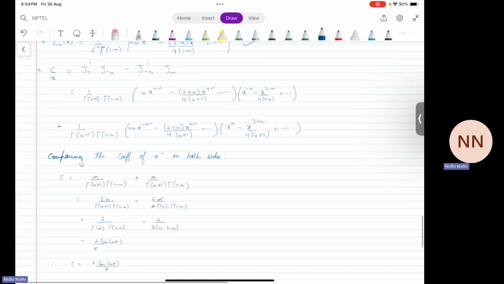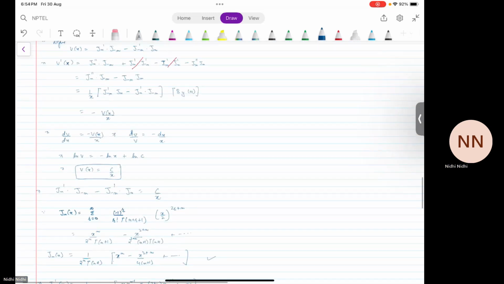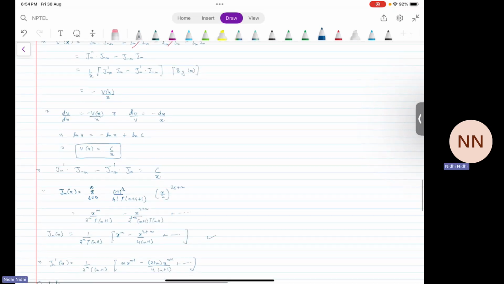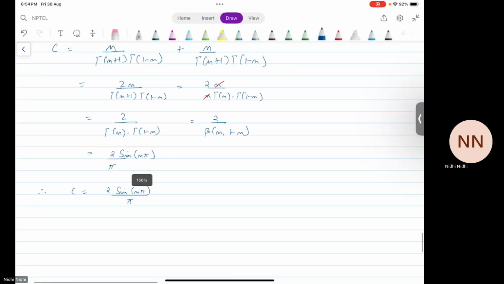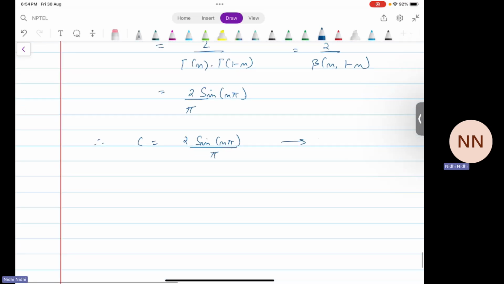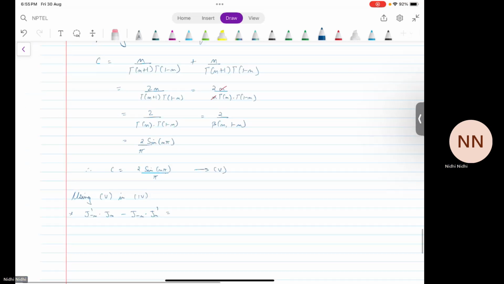Now putting this value of C in the equation, where was it? Let's mark this as number 4, this as number 5. Using equation 5 in 4, we get J_{-n} dash J_n minus J_{-n} J_n dash is equal to, what was our v?